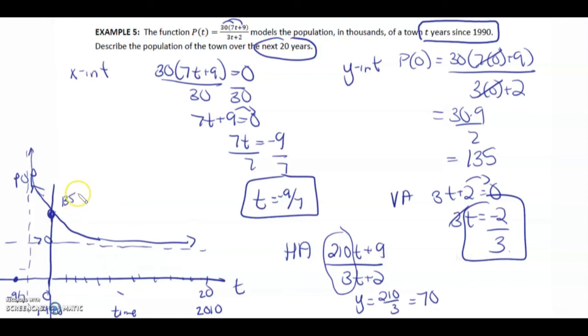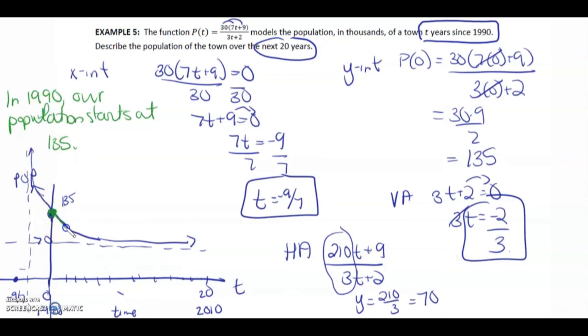So this part of the graph doesn't actually exist in real life, because we're talking about time and population, but I just wanted to draw it to have a complete sketch. So how we can describe this is, in 1990, our population starts at 135, my mistake.